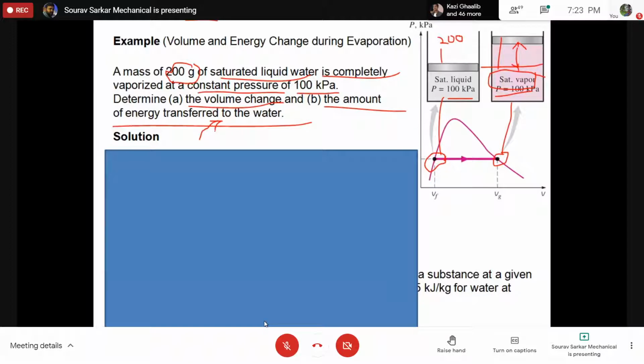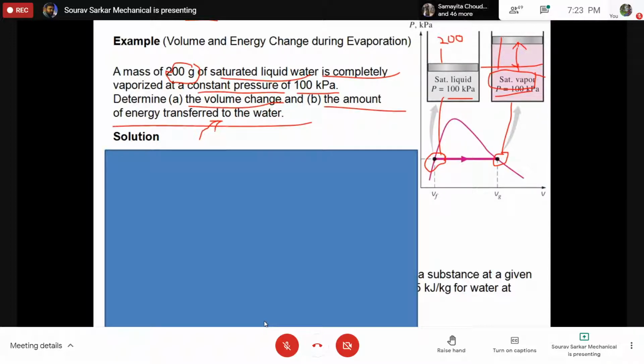At 100 kilopascal pressure, we check the specific volume of the liquid water and the specific volume of the vapor, and multiply each with 200 grams to get the volume of both states, and then subtract to get the volume change.